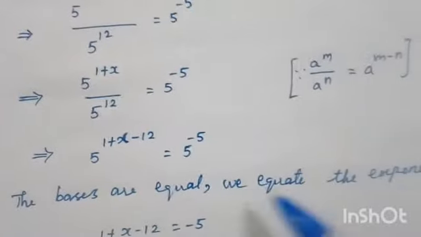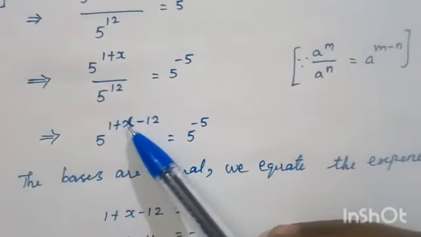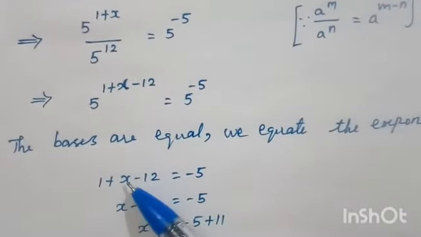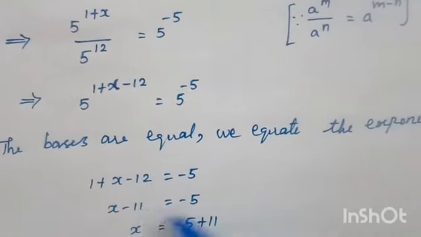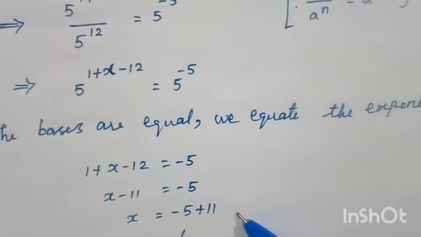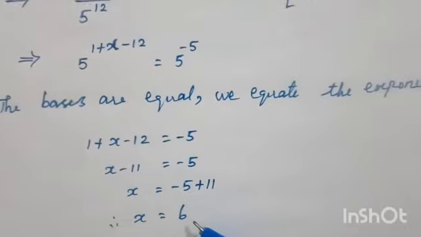The bases are equal, so we equate the exponents. What are the exponents? 1 plus x minus 12 is equal to minus 5. So now you have to simplify this, x minus 12 plus 1, that is x minus 11 equal to minus 5. So x is equal to, the minus 11 you transpose to this side, that is minus 5 plus 11. Therefore x is equal to 6.